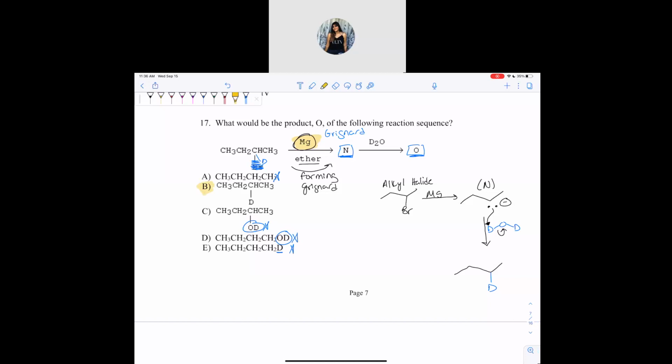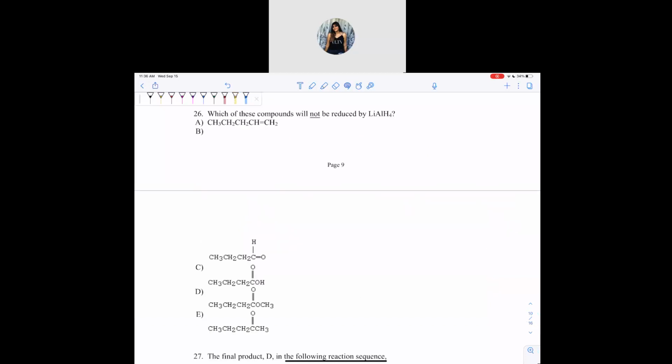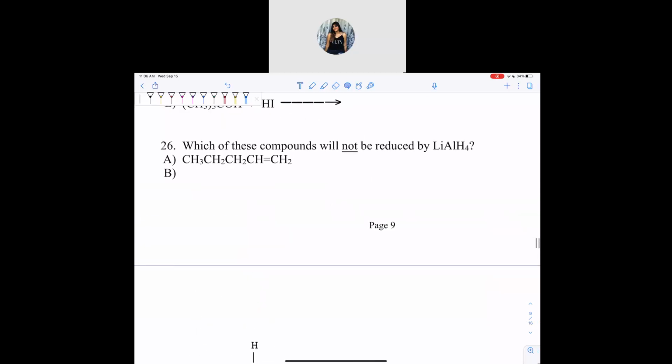Yay. Alrighty, so this is a reduction question you could get. The way I know it's automatically a reduction question is because of this reagent. LiAlH4 is a reducing agent. The question is asking which will not be reduced by LiAlH4. So let's think about this. What does get reduced by LiAlH4? We know that this is going to reduce group 1, which is ketones and aldehydes.